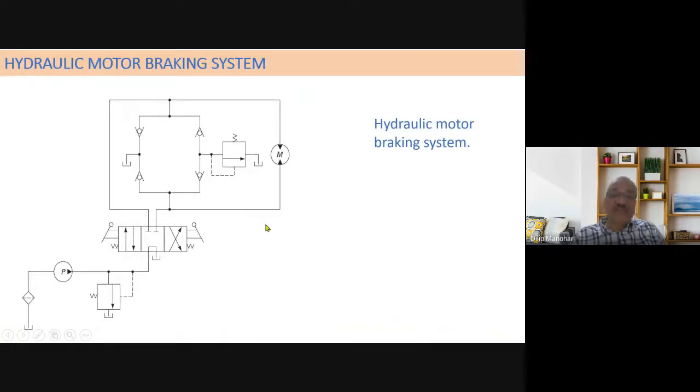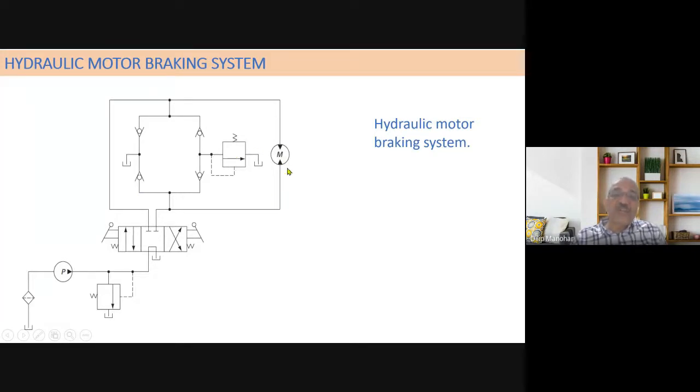When the motor stops suddenly, the motor has to come to a halt because it will act as a pump. So in this case, what is shown here is one pressure relief valve. When the motor stops supply because of the central position, the motor becomes a pump because of inertia, and that pump has to suck the liquid from either this side or that side depending on the direction of the motor.